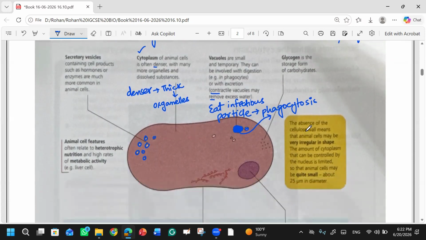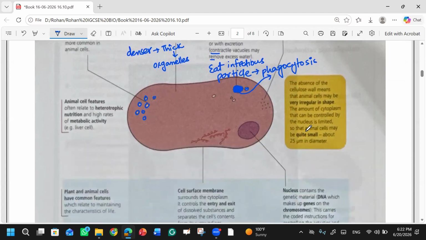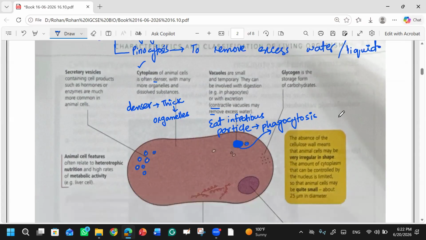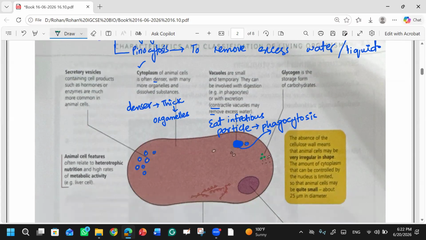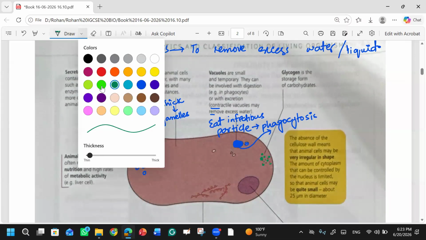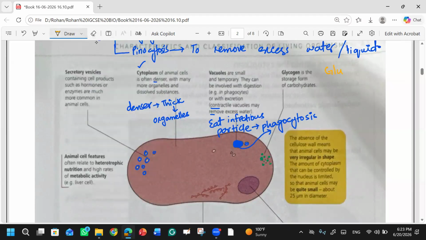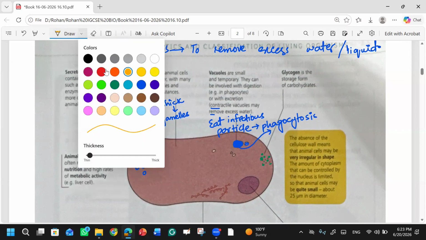Okay, now the next is glycogen. They have mentioned the glycogen with this color. Glycogen is the storage form of carbohydrate. I told you that sometimes the glucose is in excess and you don't need that glucose at that moment.